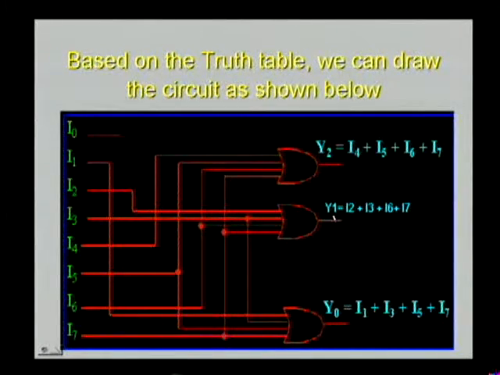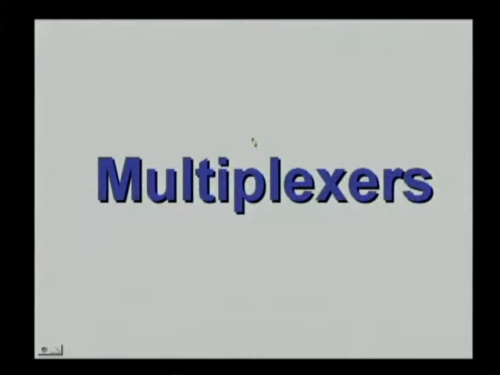Only one input has to be high. Now Y2 has inputs I4, I5, I6 and I7. If one of these becomes high, Y2 will become high. This circuit can be designed by using the truth table that we have seen in the previous slide. So far we have seen the 4 to 2 encoder and the 8 to 3 encoder.